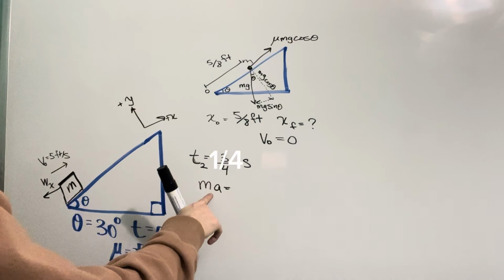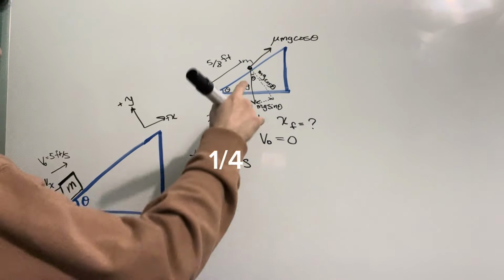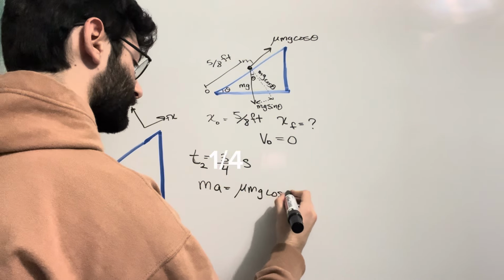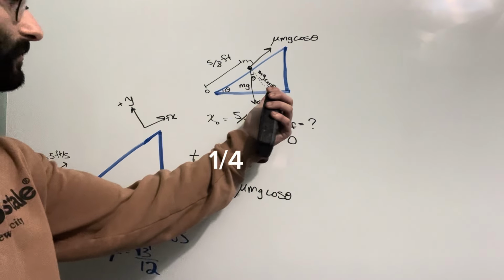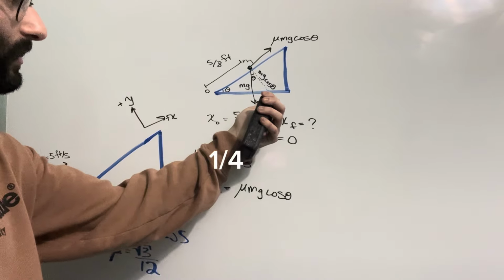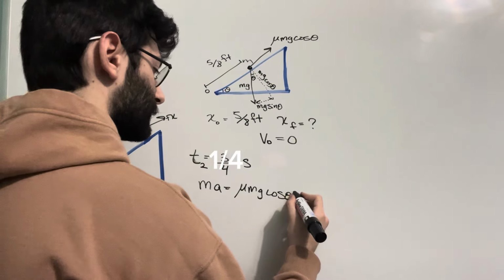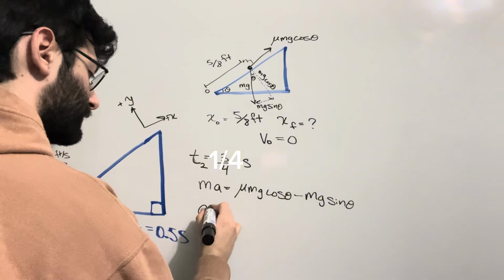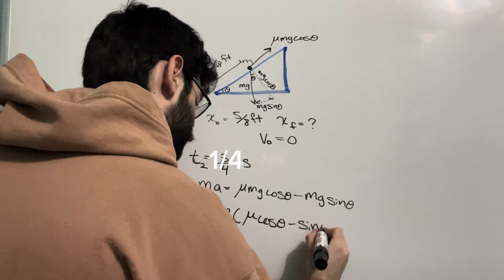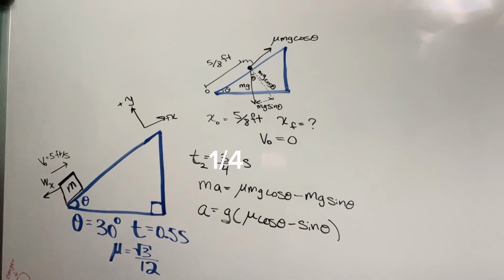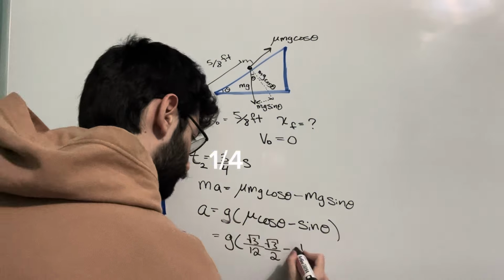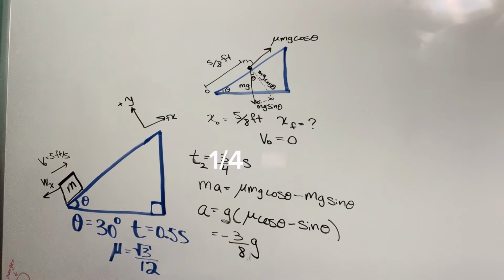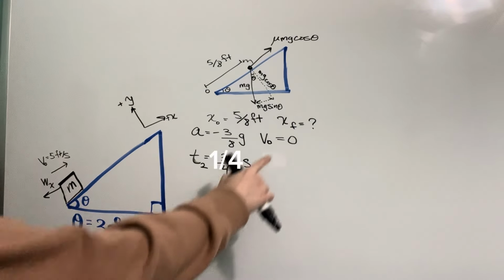This time, ma is equal to positive mu mg cosine theta, and the component of gravity in the x direction is still a minus mg sine theta. This gives us a new acceleration. Plugging in the values, we end up getting minus 3/8 of little g. From this, we can solve for the final position.